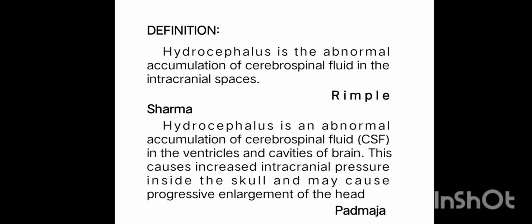It is being accumulated in the cavities and ventricles of the brain. That is termed as hydrocephalus. We also have to assess whether any other associated condition is there with this condition or not. From the image itself we will be able to identify what the condition exactly is.